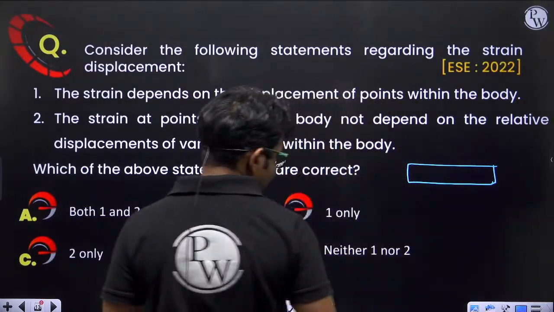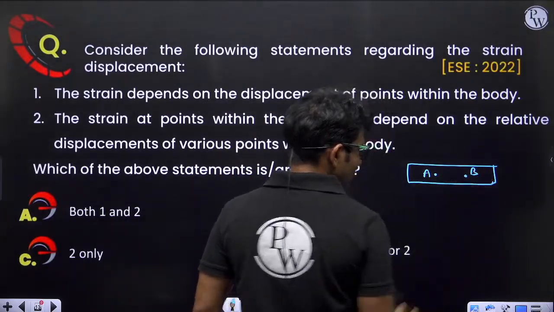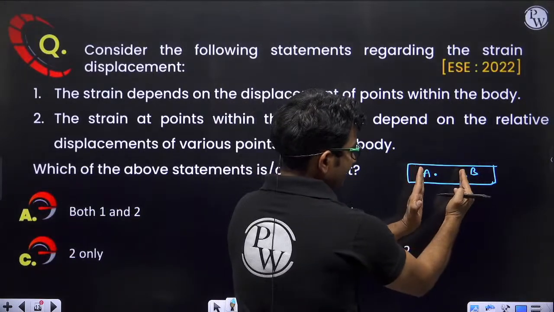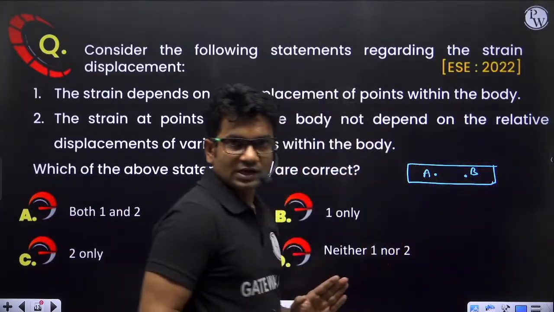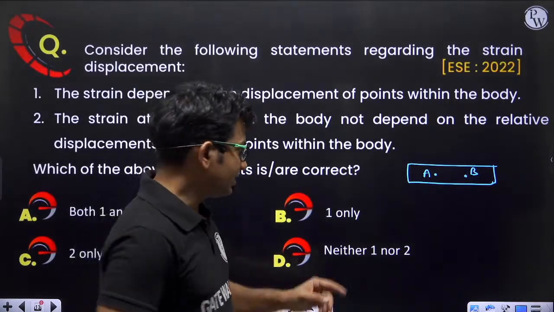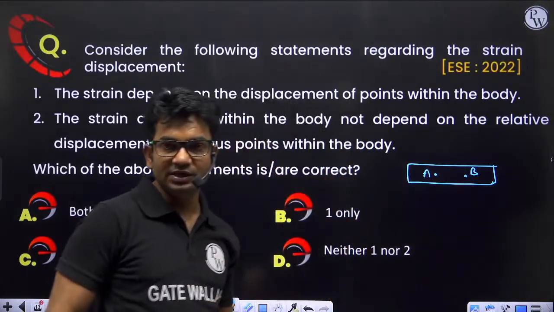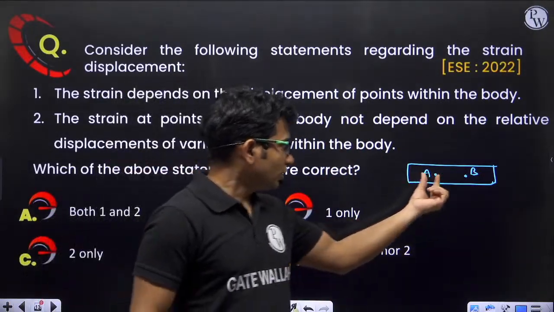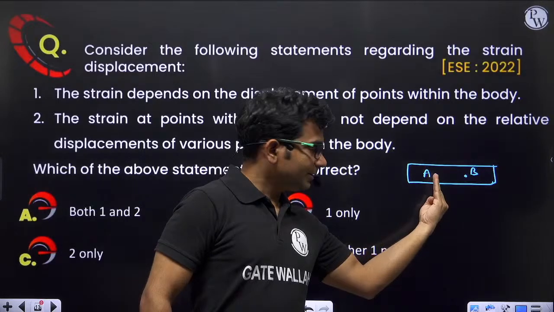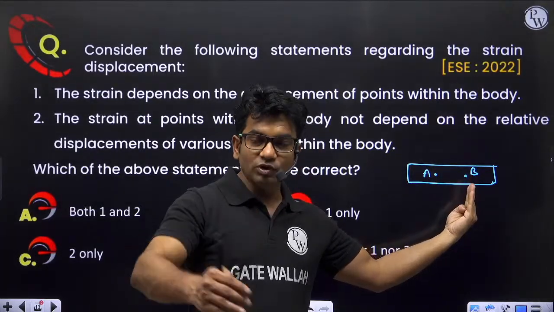What do we mean by relative displacement? If this is point A and this is point B, and both are moving together the same distance, then there will be no strain. But if relative to point A, point B is moving, that will be called relative displacement.